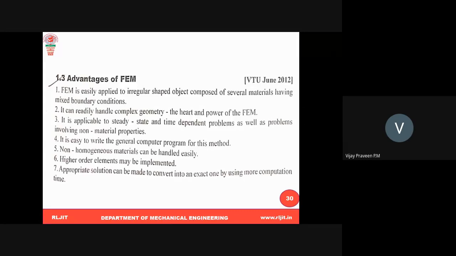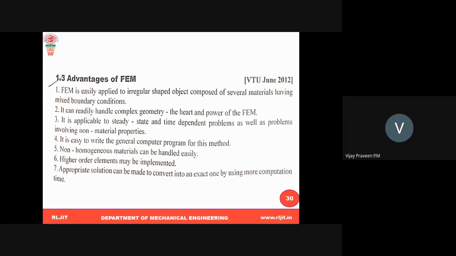It is applicable to any type of steady state and time dependent problems, including material non-linear problems. It is used to write a general computer program for this method. It is very easy using a computer. Non-homogeneous materials can be easily handled. In the classical approach we use homogeneous material, but non-homogeneous can also be easily handled.